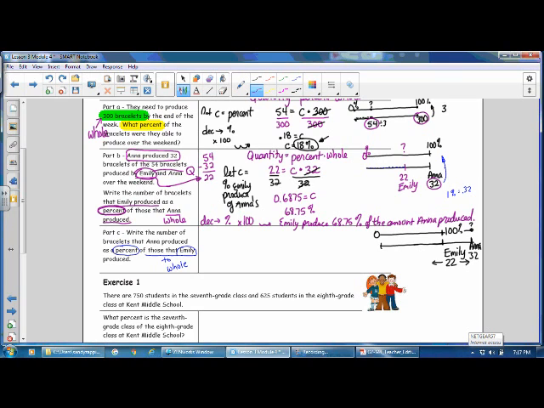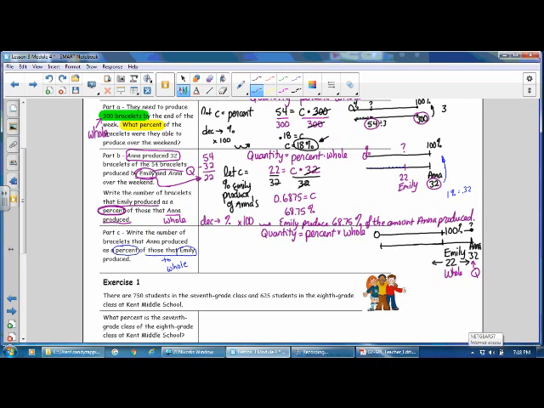The equation is quantity equals percent times whole. And we know that our quantity is Anna and our whole is Emily because we are comparing it to Emily, and what you compare it to is the whole.